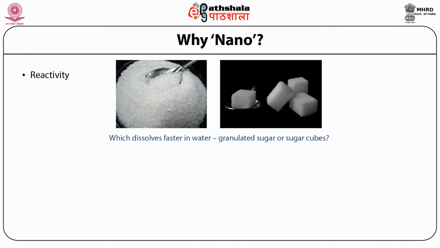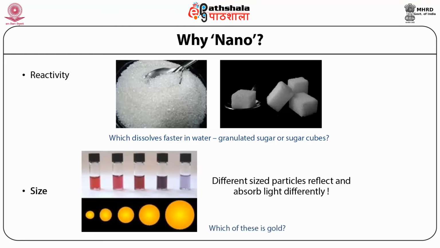Next is about the size. As you can see, there are different sizes of gold nanoparticles. Gold demonstrates very different properties, that is optical, electrical, mechanical, etc. at nanoscale. Differently sized particles reflect and absorb light differently.